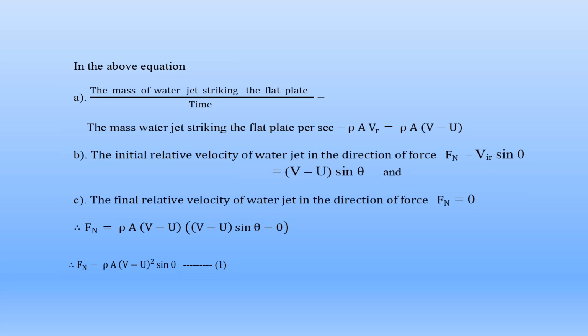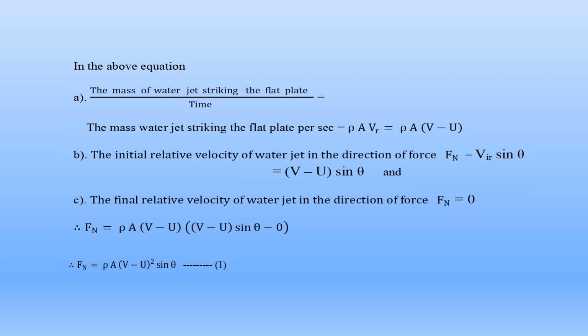And the initial relative velocity of the water jet in the direction of force Fn is VIR into cos 90 minus theta, that is VIR into sin theta, but VIR is V minus U. So the initial relative velocity in the direction of force Fn is V minus U into sin theta.